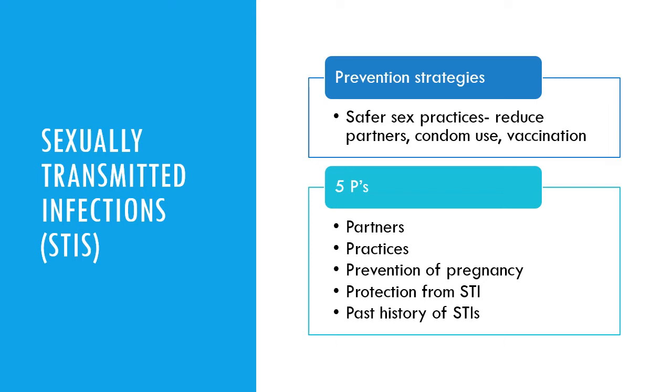We need to know the number of partners that the patient has had, their practices. We want to know what they're doing to try to prevent pregnancy, what kind of protection they're using to prevent an STI, and then also if they've had any past histories of an STI.